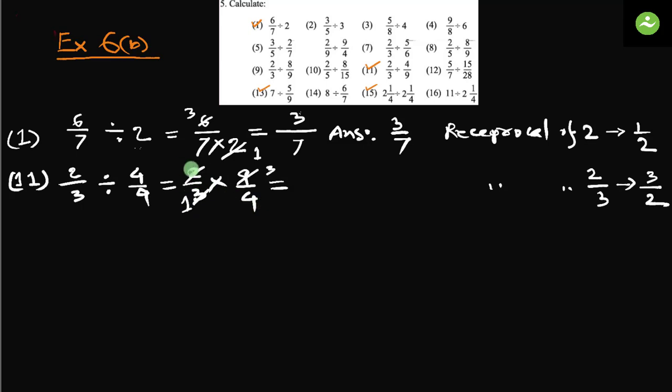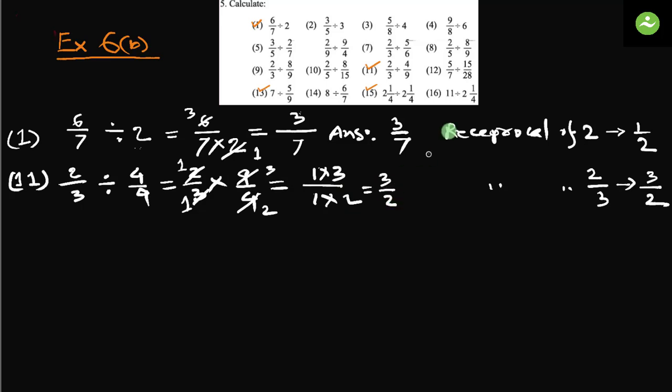So we can divide by 2. 2 divided by 2 is 1. 4 divided by 2 is 2. So equals 3 into 1. The numerator is 1 into 3 and the denominator is 1 into 2, equals 3 over 2.